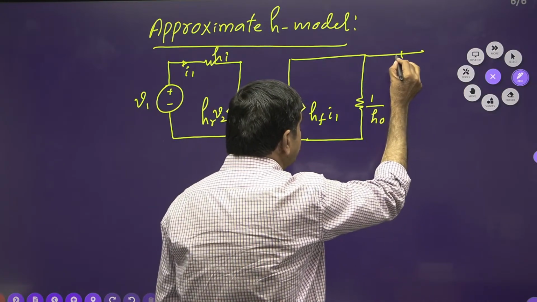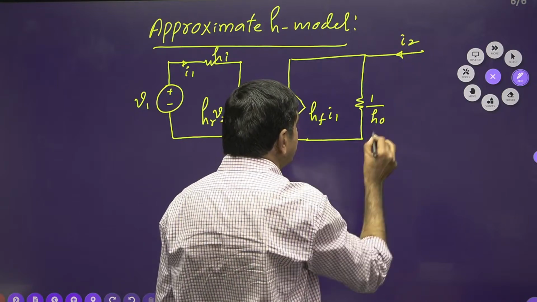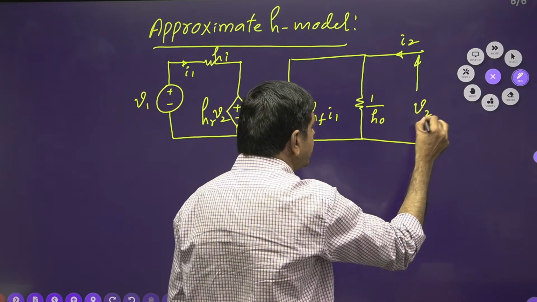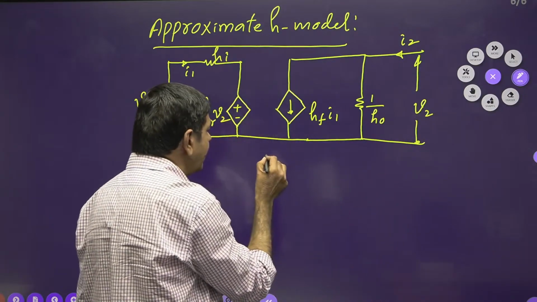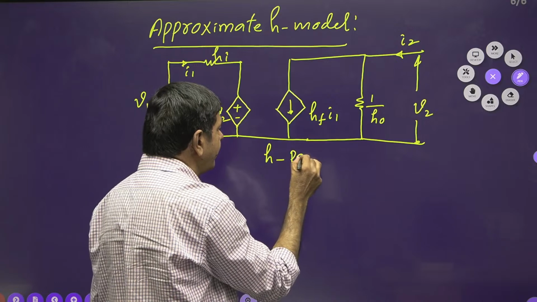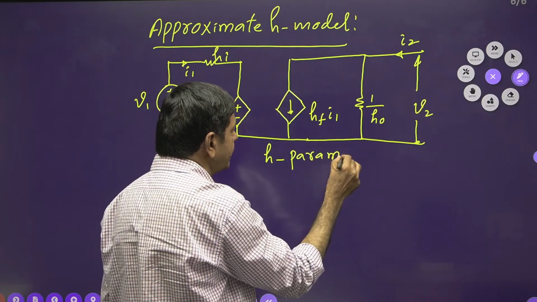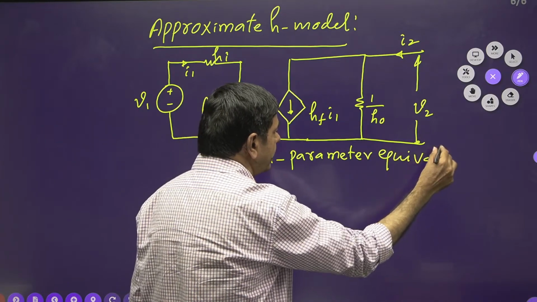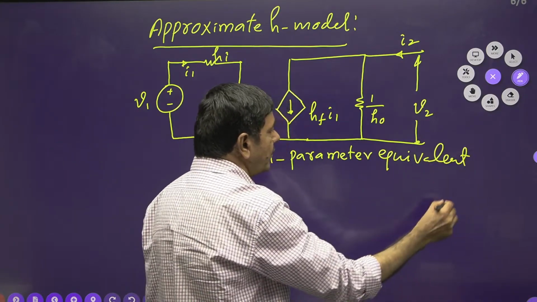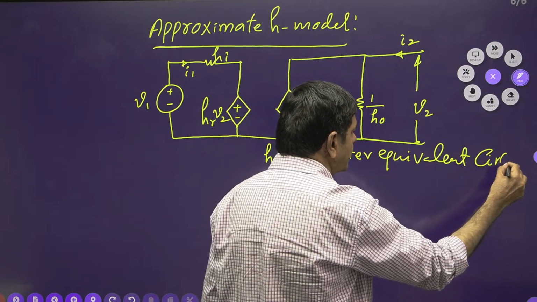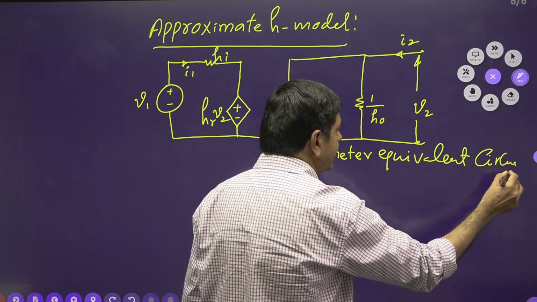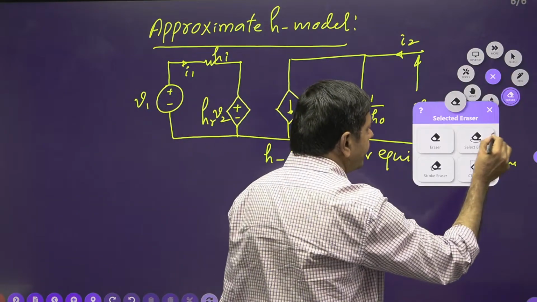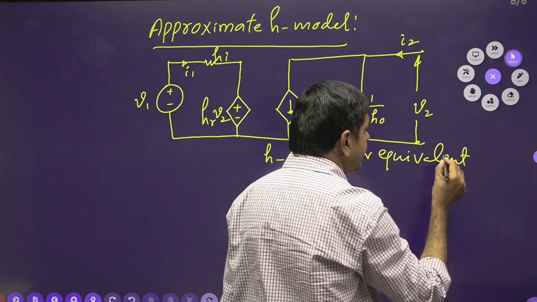This current is I2. The voltage across these two terminals is V2. This is the H parameter equivalent circuit I said already. We know this very well.